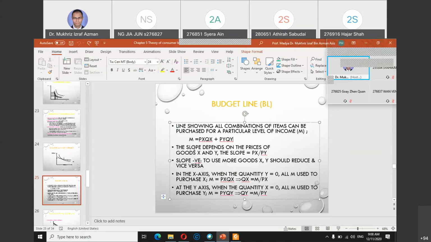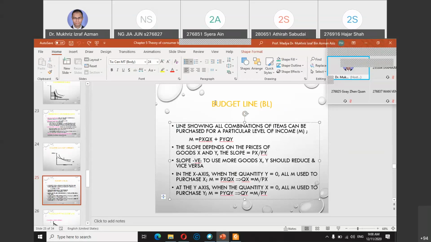Okay, and the slope, the gradient of the budget line, is equal to the ratio of the price of X divided by the price of Y. PX over PY will give you the slope of the budget line.